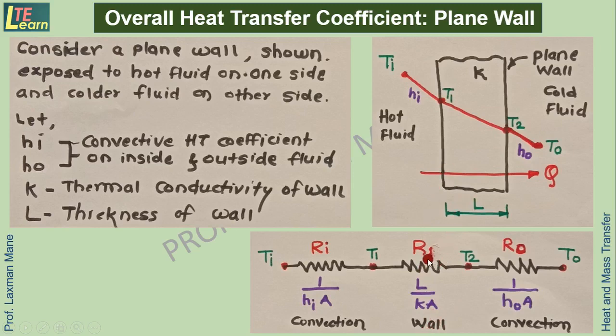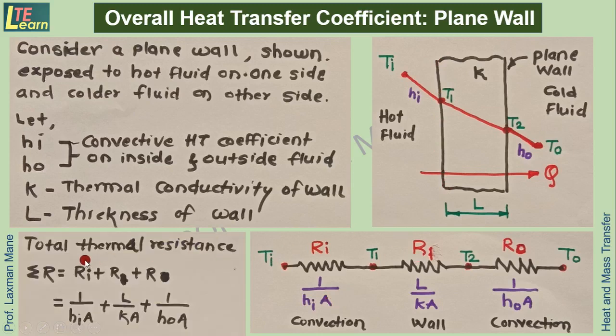So for the conduction, formula is L by KA, where L is the length, here it is taken as thickness, and Ro is the thermal resistance for the outside fluid, cold fluid, for convection heat transfer, which is given as 1 upon Ho into A. In all these three formulae, area is common to all, that is A. Now here total thermal resistance will be the summation of these three, means Ri plus R1 plus Ro.